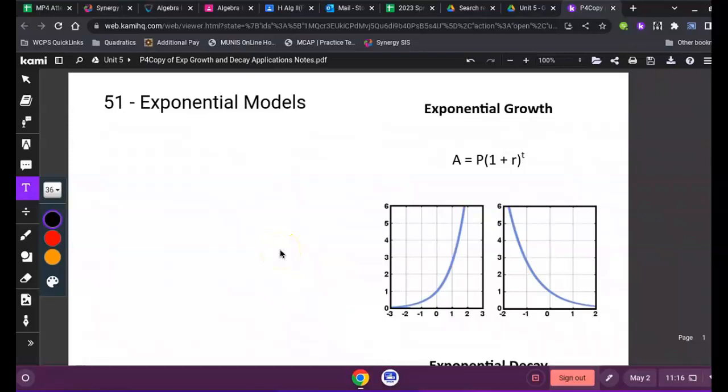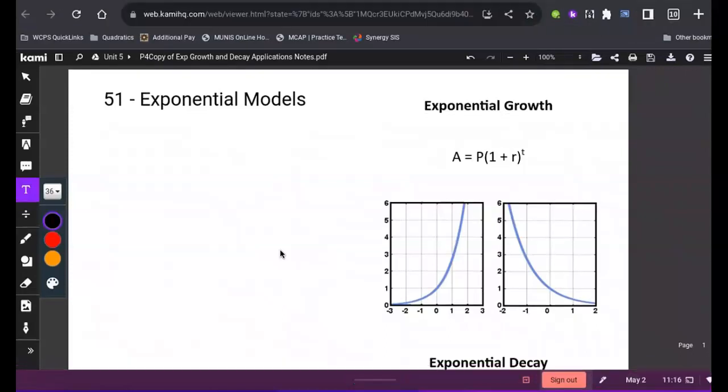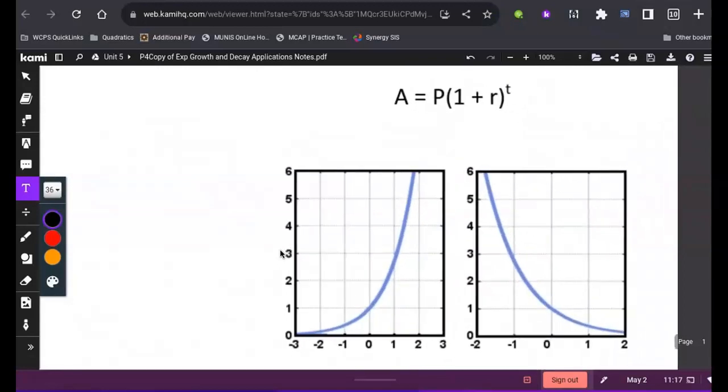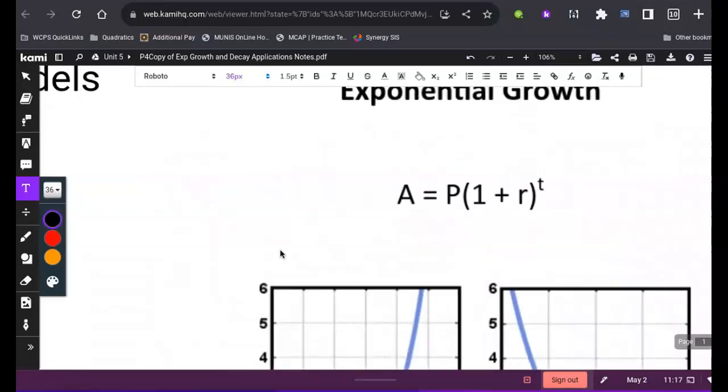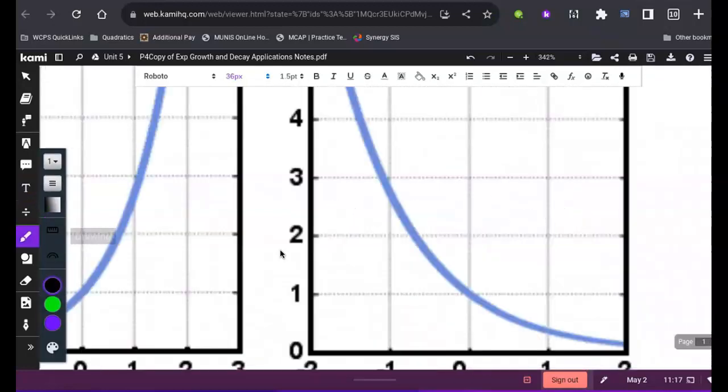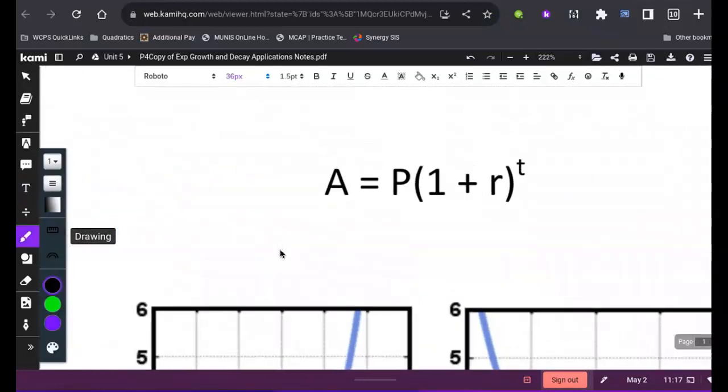All right, so for our exponential growth, we have the equation A equals P times (1 plus R) to the T power. So we've been using this formula a little bit in our warm-ups. So we're going to go ahead and label the different parts of the equation.